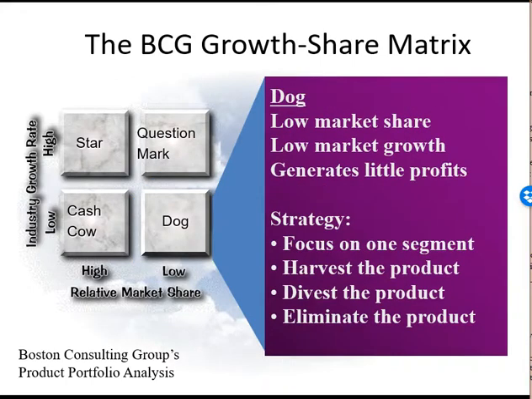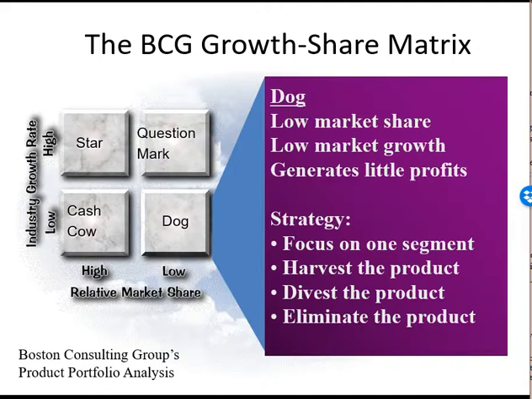And finally, we have dogs. Dogs have low market share in a low market growth industry. So they may generate little profit, but they still might generate profit. So think about products that are niche products that have a very loyal target market, that might be products that we buy on a daily or weekly basis.